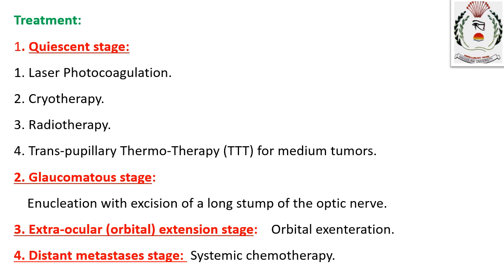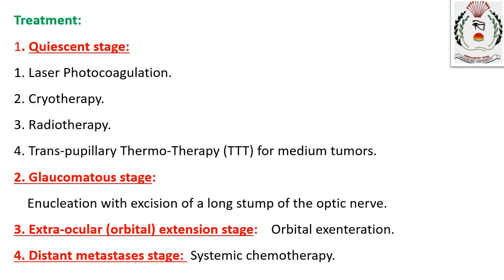Here, if it is of a smaller size, we can treat it with laser photocoagulation to damage the tumor cells, or cryotherapy, or radiotherapy, or transpupillary thermotherapy. All of these aim to damage the tumor cells and prevent spread of the tumor.